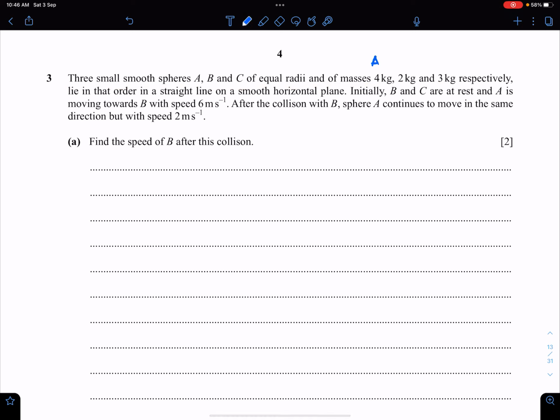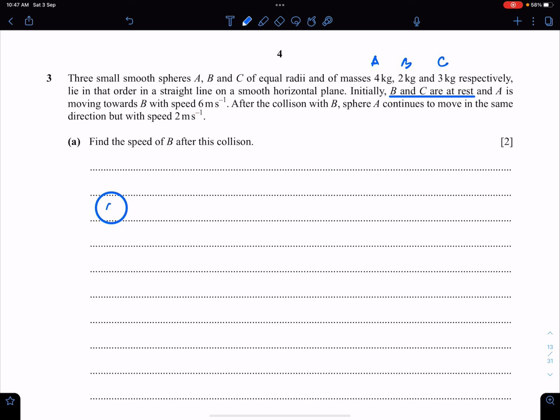This is the mass of sphere A, this is the mass of sphere B and this is the mass of sphere C. They lie in that order in a straight line on a smooth horizontal plane. Initially B and C are at rest, so this is important. And A is moving towards B with speed 6.